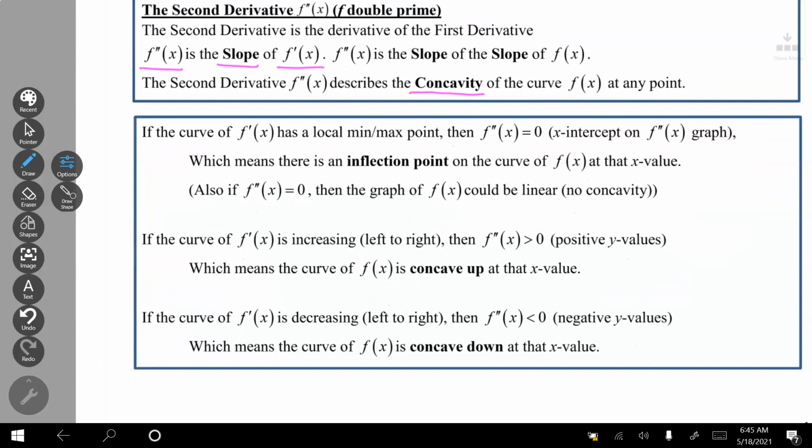Now we can relate it back to the original graph: when f double prime is 0, it's an inflection point, and if f prime is increasing, then f double prime is greater than 0. That means the original graph is concave up. If f prime is decreasing, that means f double prime is less than 0. That means the original graph is concave down. And we'll go through examples of exactly what I mean, but we're going to relate each graph to each other one at a time.